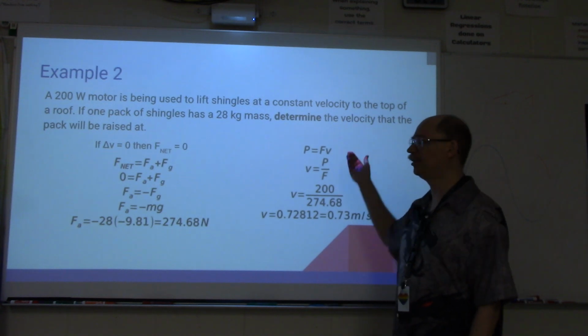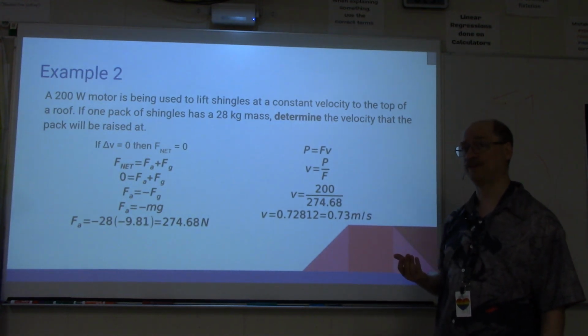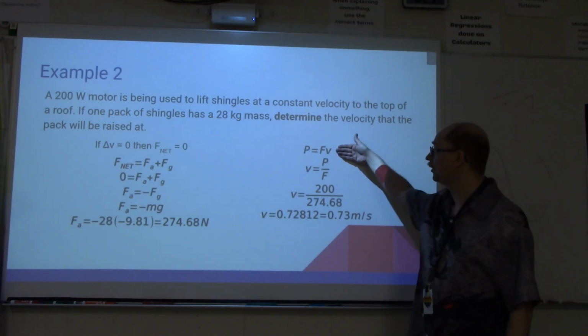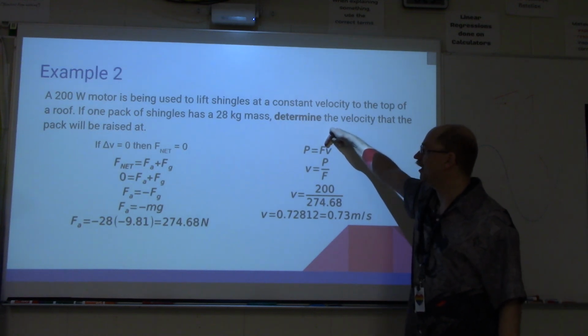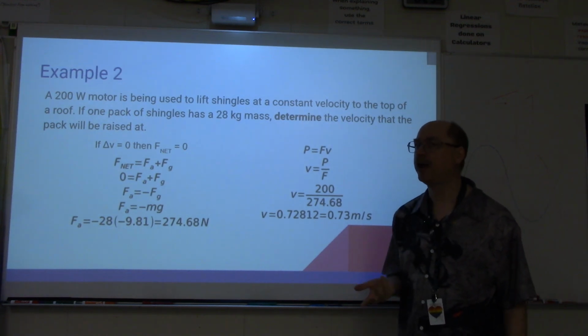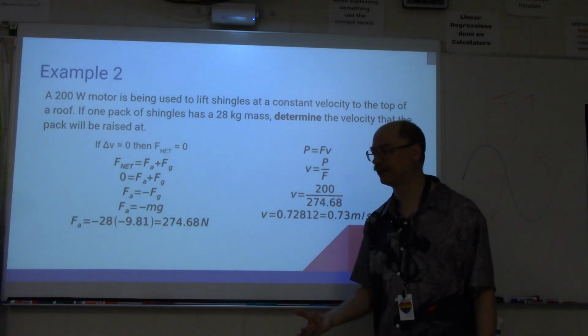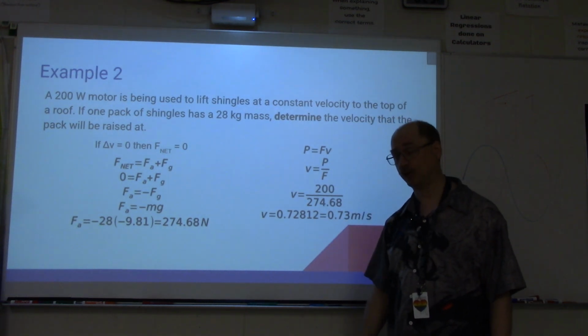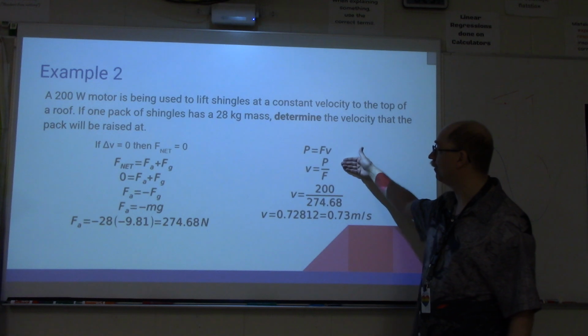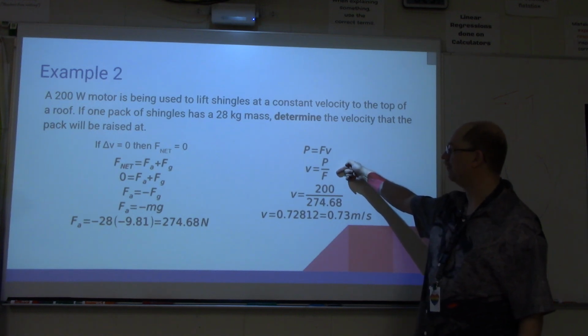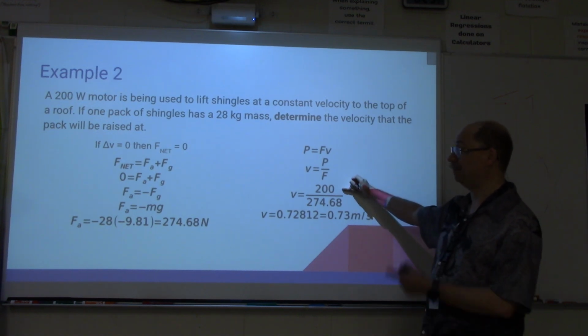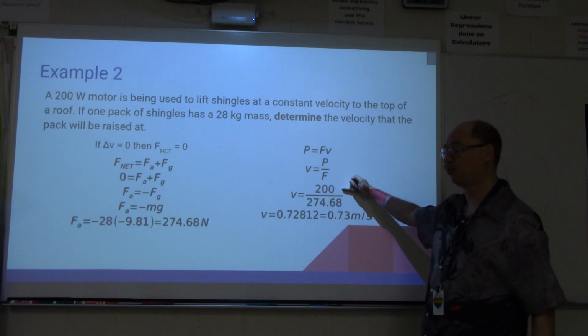So I go on to the actual part where I'm going to figure out the velocity, P equals Fv, where remember, this has to be the applied force that's causing the displacement. So I manipulate my formula to velocity, P divided by F. I've got the power of the motor, 200 watts.